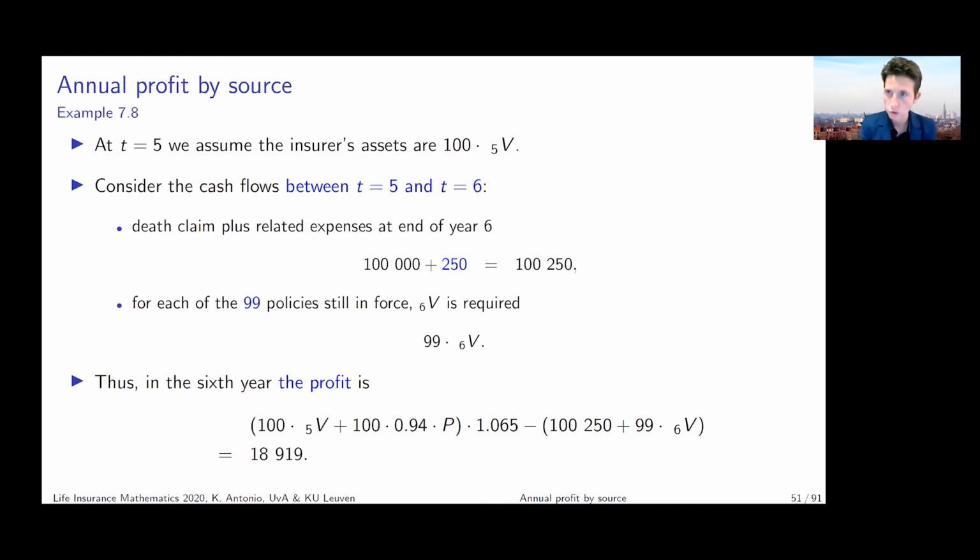Okay, so this is just one example of how you can take a look at these things. What I want to do now, and this is not written in the book, is give you a more general view on this. So I want to use a formalistic approach to write down in a formula how I can allocate this profit and loss throughout a particular year of my contract, how I can allocate this to different sources: interest rates, mortality rates, and expenses.